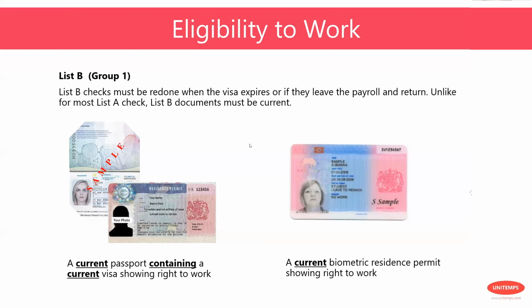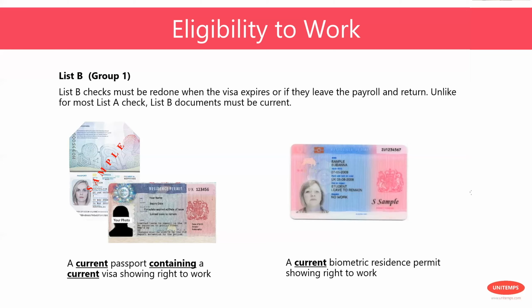So those are the main types of documents you'll see. For both List A and List B, there are other options. I would recommend checking the government's right to work checklist. There should be a link in the ops manual for it, which is the official list of what documents you can check.